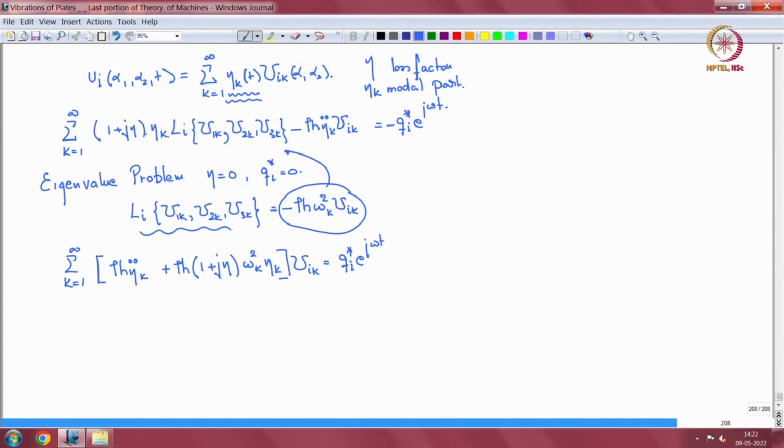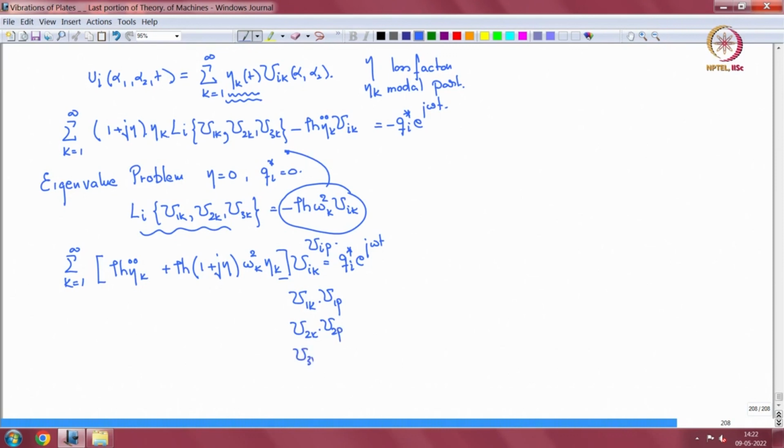Now we again do the same, we multiply each of these by u_ip. The first equation has u1k, we multiply by u1p. The second equation has u2k multiplied by u2p.